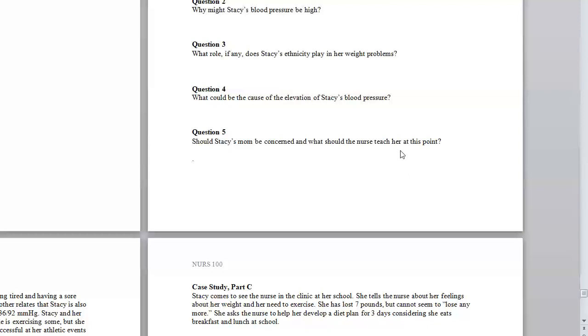She is at risk for the development of type 2 diabetes, and her blood pressure is elevated. The nurse should teach Stacy and her family the importance of activity and refer them to a dietitian for more of good meal choices and preparation. So let's continue with this case study, okay?